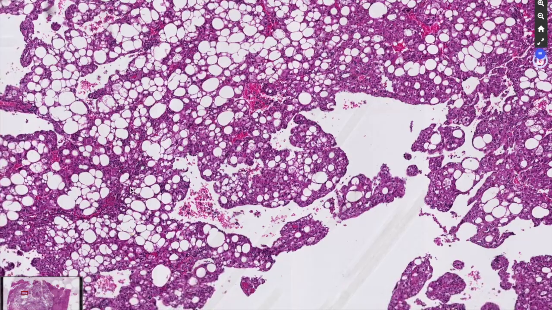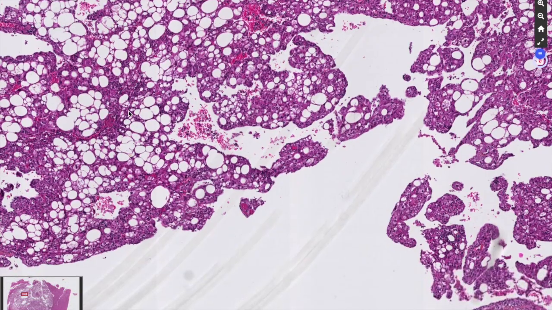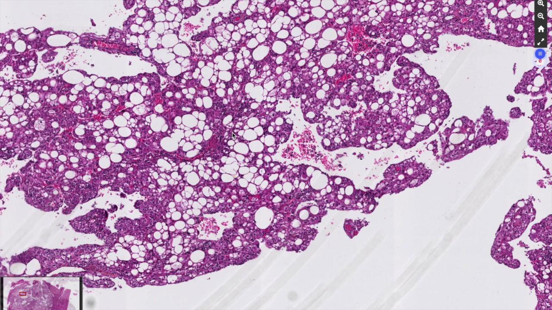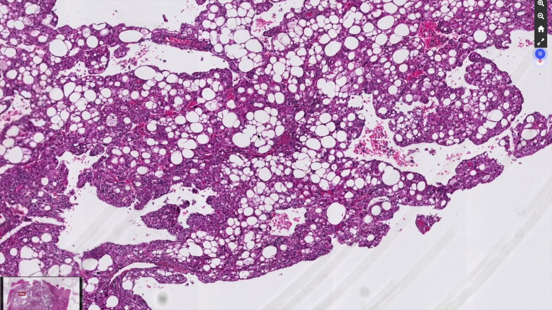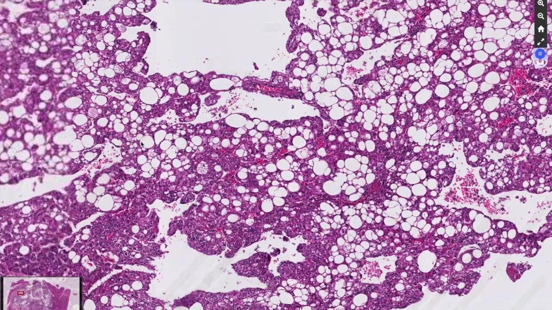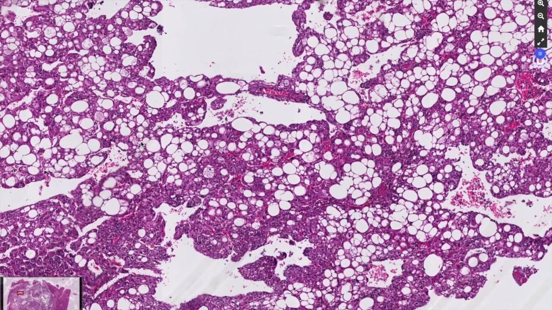So from my point of view, when I'm in front of a benign tumor that seems hepatocellular, I systematically do HepPar1 immunohistochemistry in order to avoid making a false diagnosis of hepatocellular adenoma or carcinoma and to avoid missing an epithelioid angiomyolipoma.